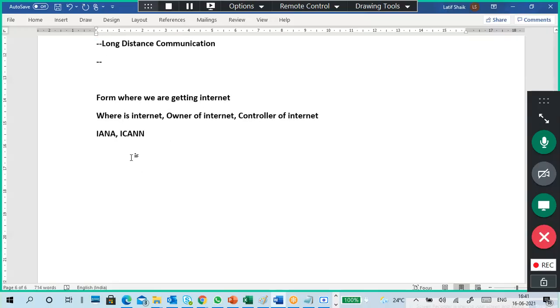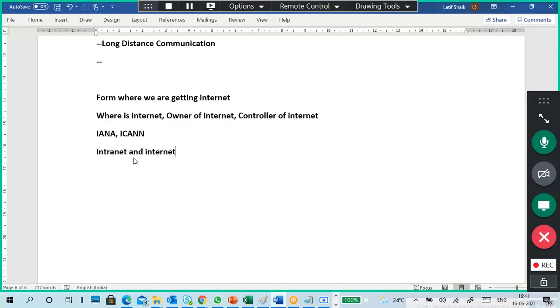One more question that is important and very small: what is intranet and internet? Internet is outside communication. I am connecting through internet and I can communicate outside, like accessing google.com, gmail.com.